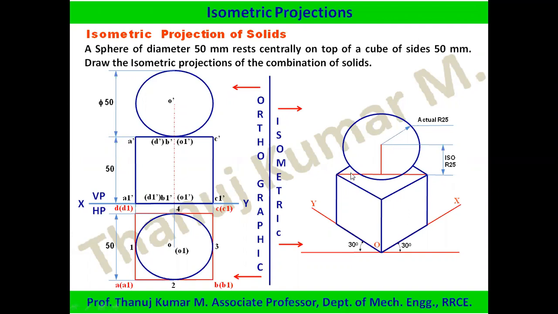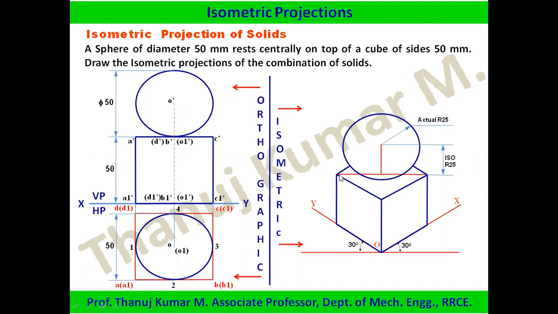I have retained exactly this length of the radius to specifically tell you that this is very, very important. The location of the center of the circle is the isometric radius. After that, while you're drawing the circle, you have to draw with the actual radius from the same center.